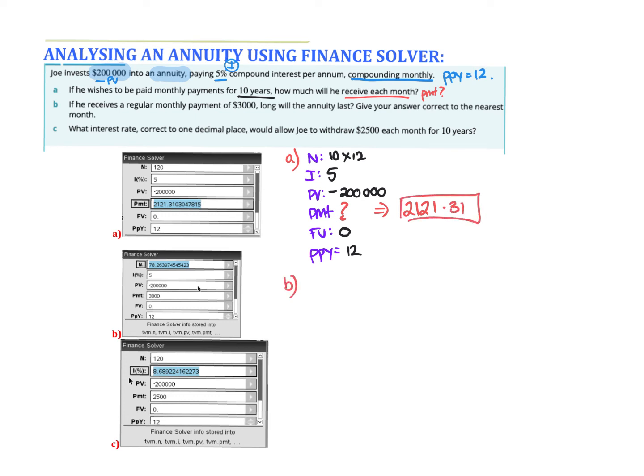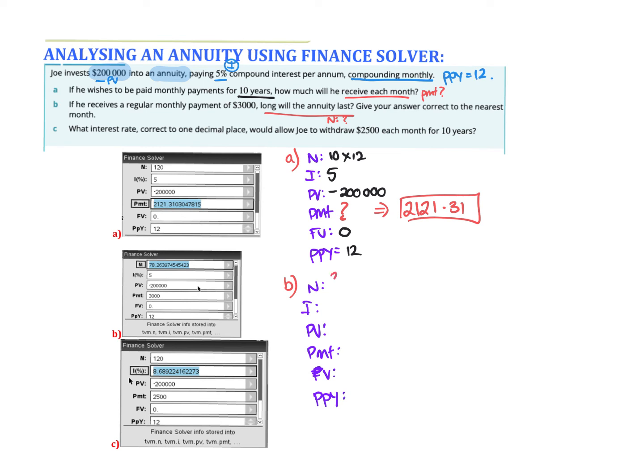In part B, it says if he receives a regular payment of $3,000, how long will the annuity last? That's the N is the question. So when you write out all your little titles, again, that one's FV and PPY.